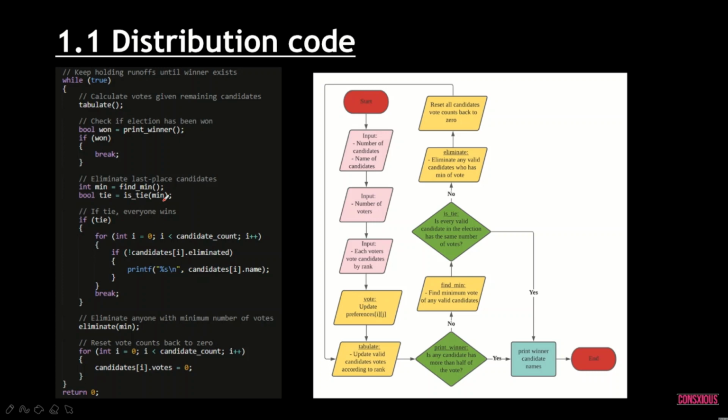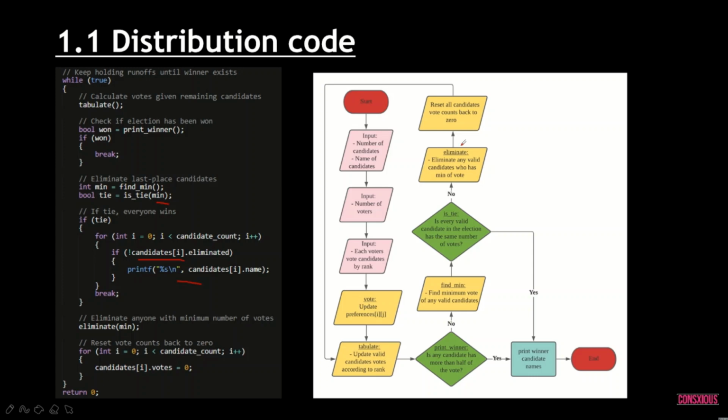It's something like, does every valid candidate in the election have the same number of votes, which is the minimum vote? If yes, we're going to print every candidate who is not eliminated. Then we break out from here. If no break, we go to the next, which is eliminate.